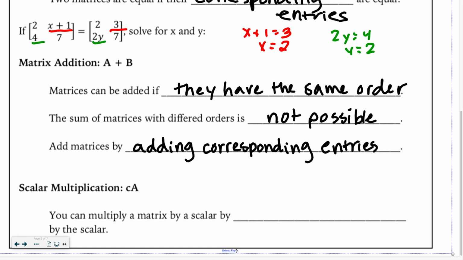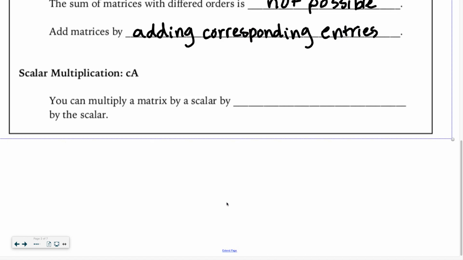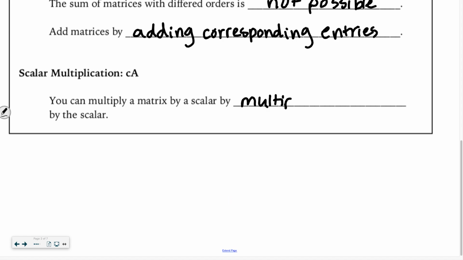Last thing we want to talk about just really quickly is scalar multiplication. A scalar is different than matrix multiplication. We're just multiplying a number, C, by A. In scalar multiplication, you multiply every entry by the scalar.